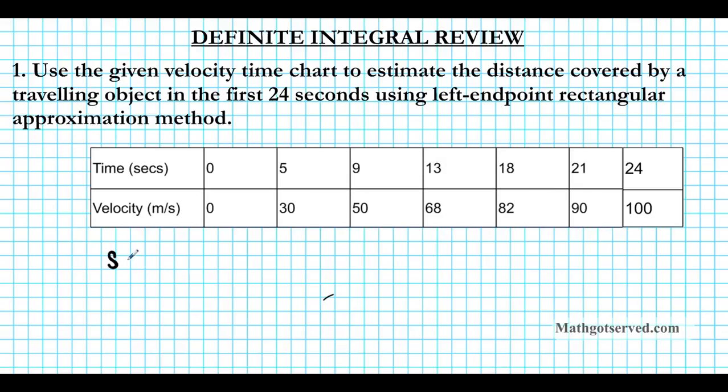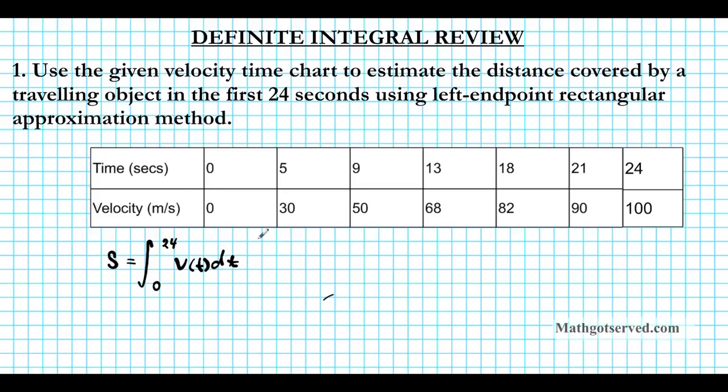That distance is given by the definite integral, the integral from 0 to 24 of the velocity function dt. This expression gives you the exact distance covered in the first 24 seconds.